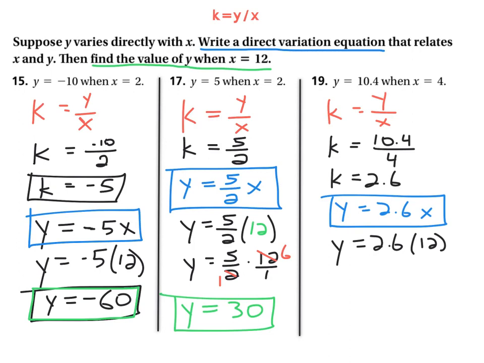So we'll say 2.6 times 12. 2 times 6 is 12. Carry the 1. 2 times 2 is 4 plus 1 is 5. 0 placeholder. 1 times 6 is 6. 1 times 2 is 2. This is 11, carry the 1.